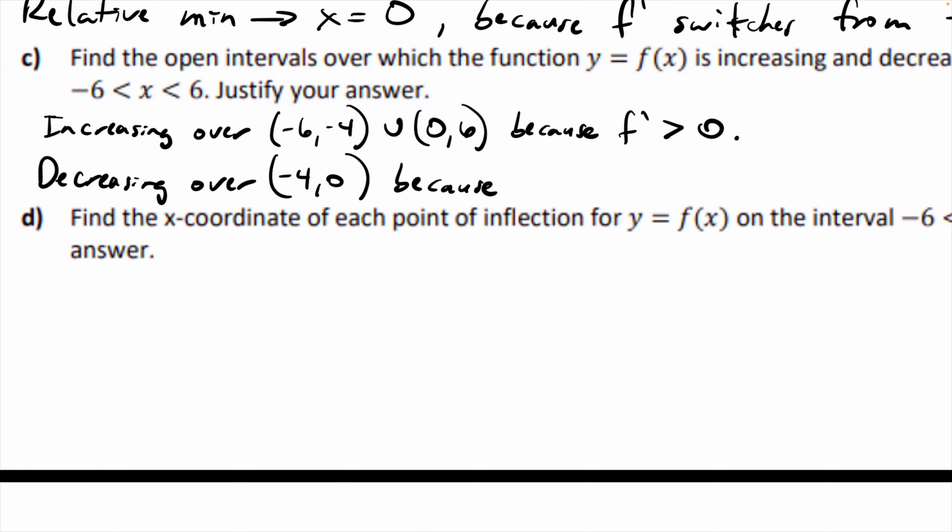Vice versa, decreasing because f prime was negative, less than 0. You don't have to use the symbols. You can just say is positive, as long as you put f prime. Don't just put "it." I've had students say "because it's positive."